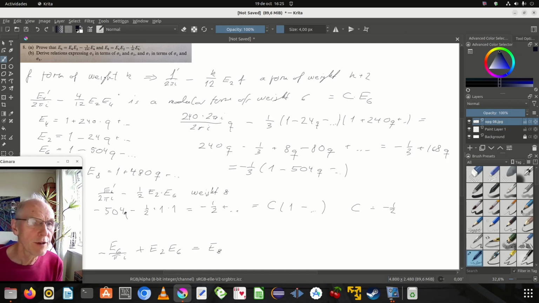So that means this equals 1/3 E6, so first this cancels, and then this is 3 divided by 2 pi i.